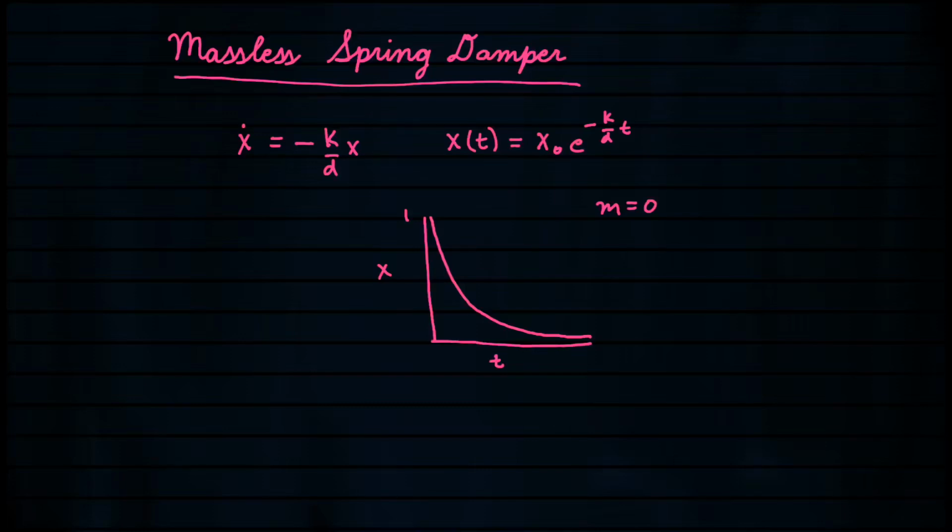So now let's look at what happens if we have a springless mass damper. So in this case, we're going to set the stiffness of the spring, k, equal to 0. And what will end up happening is we will get that our acceleration is equal to minus d over m times our velocity.